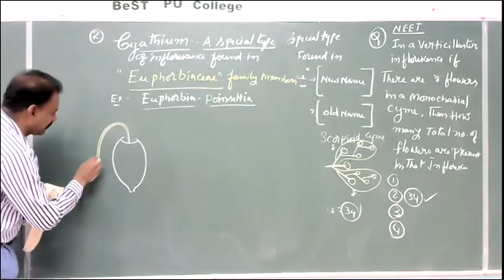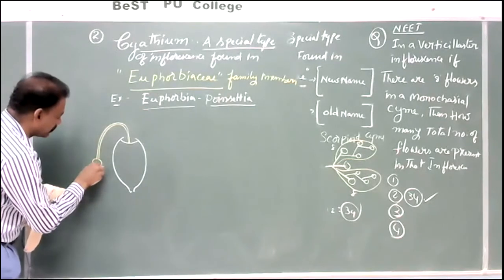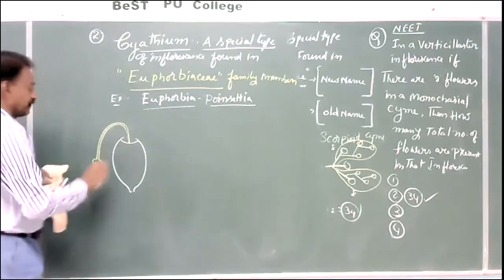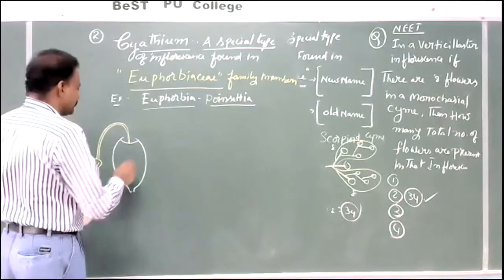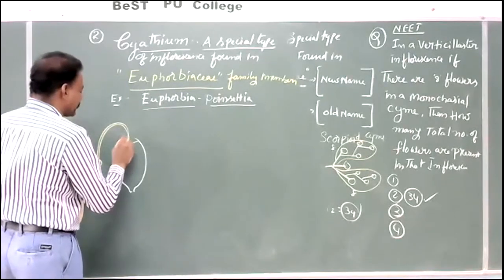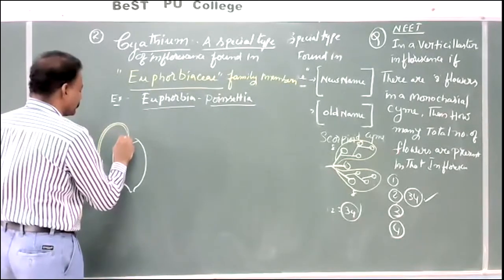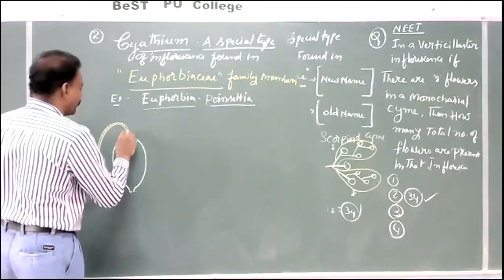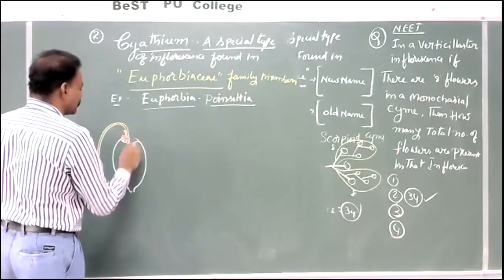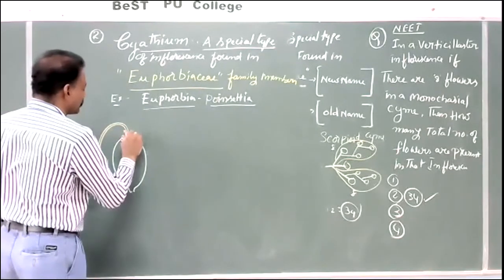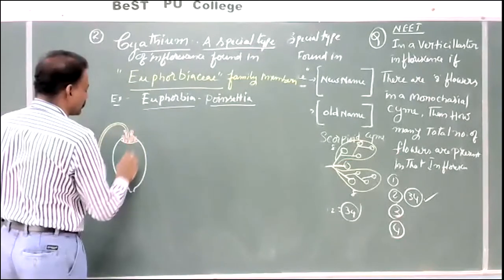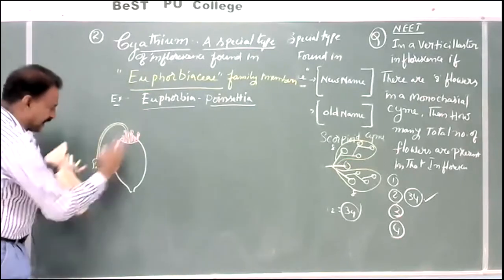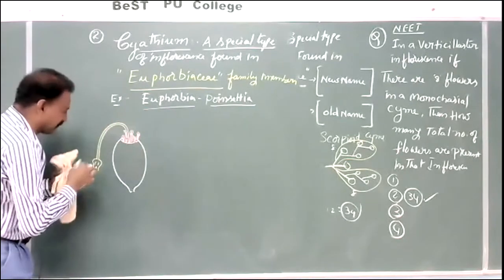This is called a female flower. Some other structures are present which are called male flowers. Inside, it is present inside, it is covered.